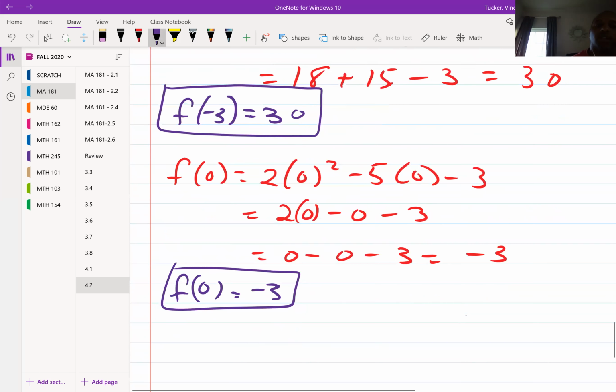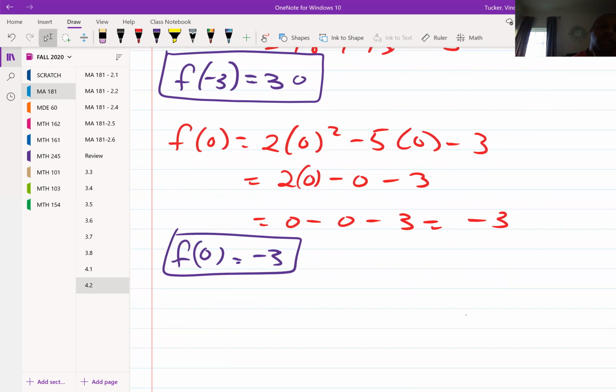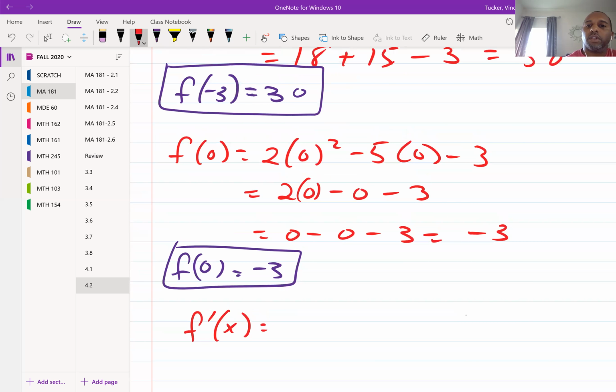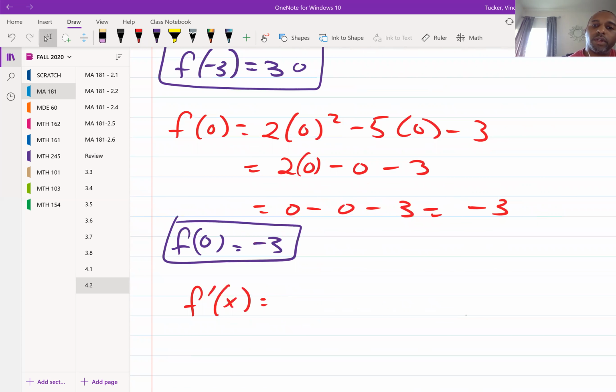All right, so let's find f prime. So that was, I can do it from here, 2x squared.